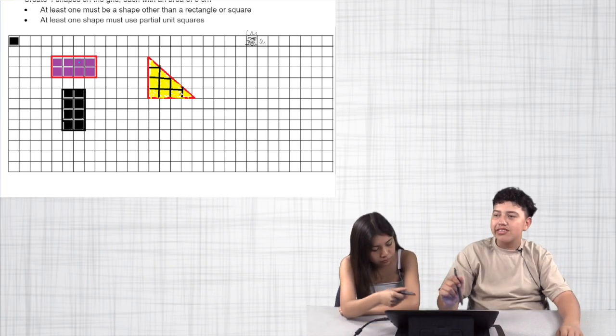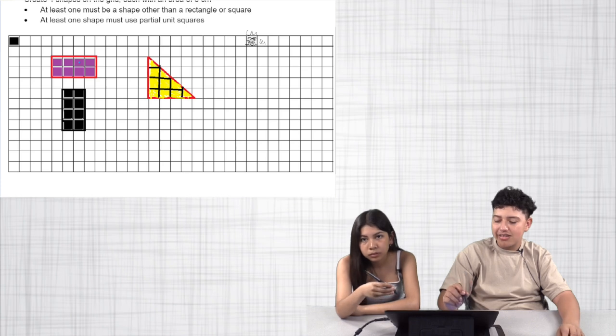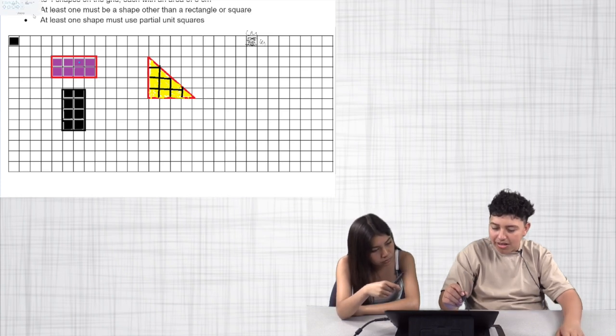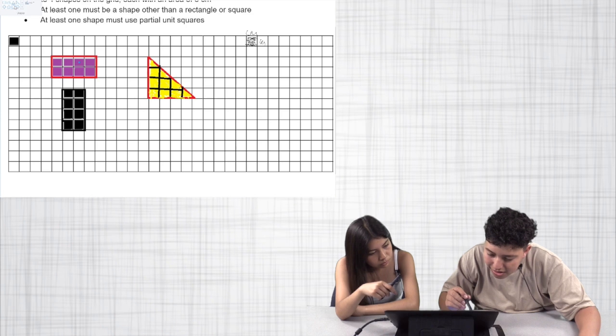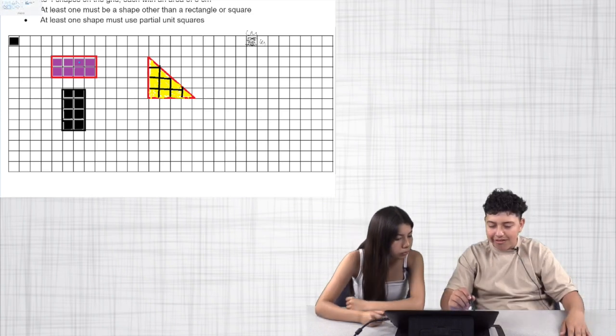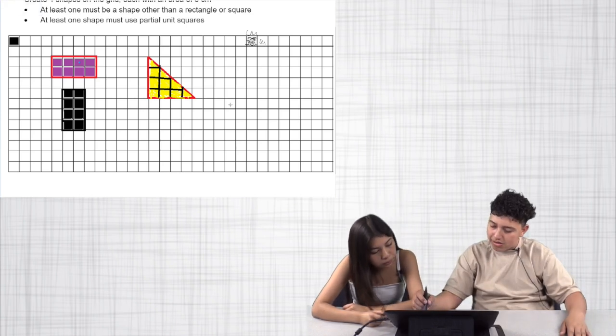What do you think? Could it be another triangle? Whatever you want. It could be a weird shape. It could be another triangle. It could be another rectangle. Well, I think we could do this one. Maybe.